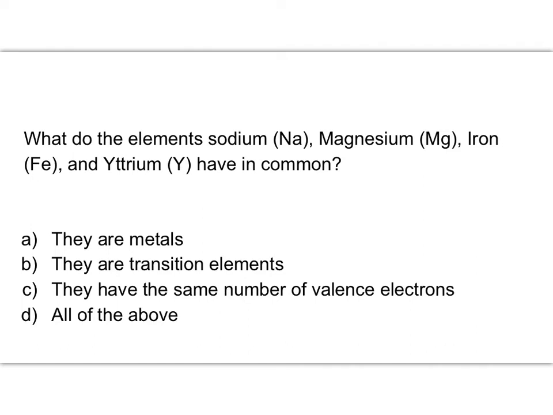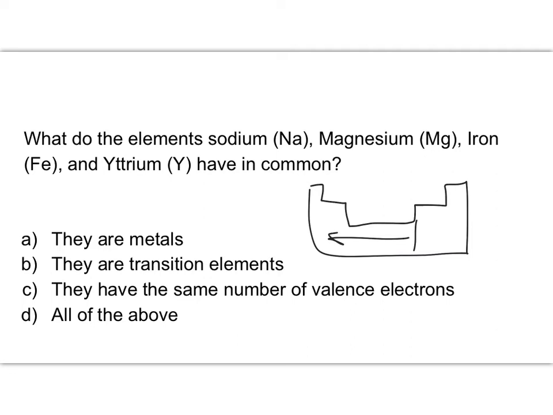What do all of these elements have in common? Sodium, magnesium, iron, and yttrium. Well, this ties in a little bit to the last question, looking at the parts of the periodic table. All of these elements come from, generally speaking, the center to left section of the periodic table.